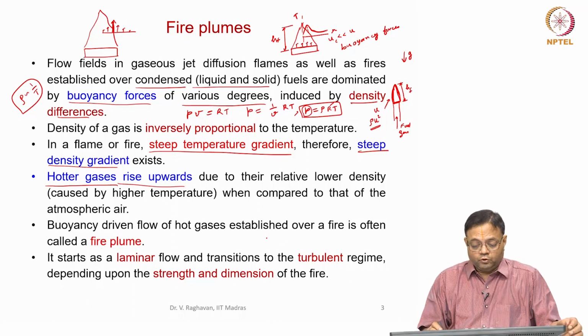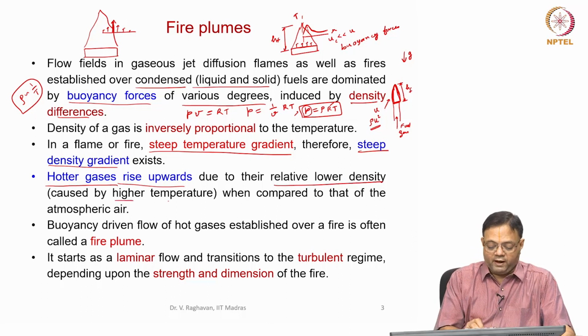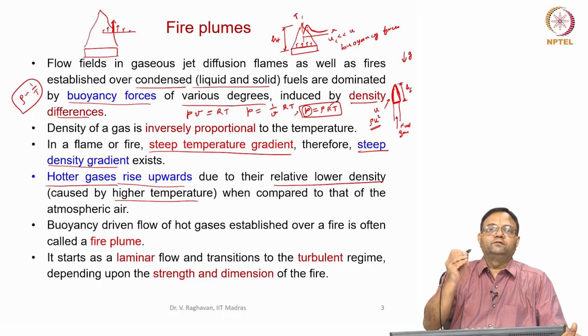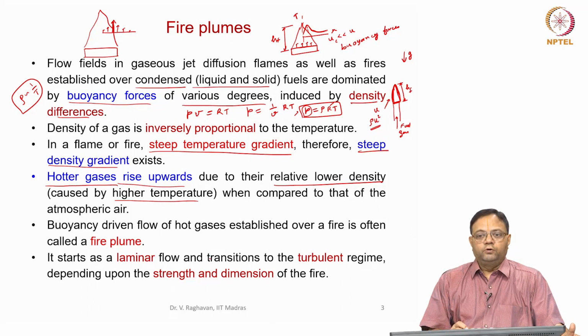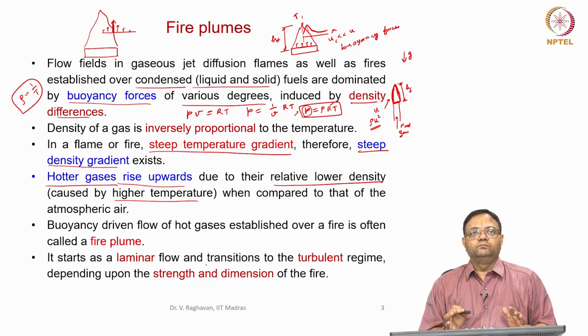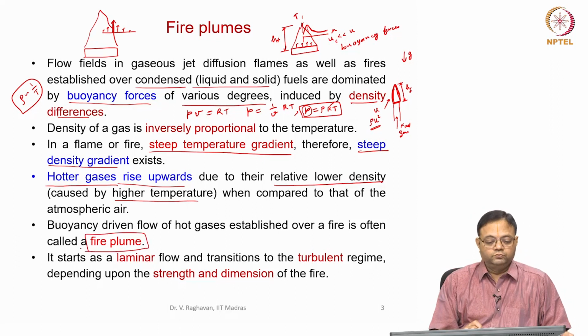Now, the relatively lower density which is caused by higher temperature makes the gas rise up. Do you understand? So, this buoyancy driven flow which is established over the fire is called fire plume. Okay.